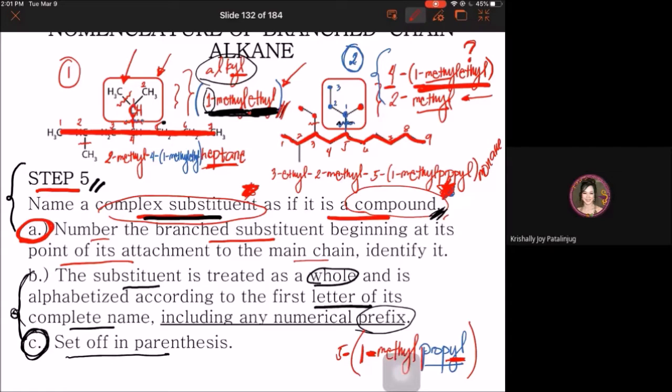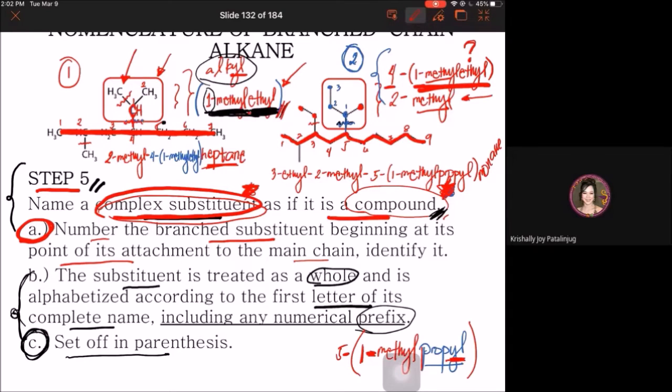Okay, but if you want to use the common names, this is actually the systematic way of naming complex substituents. Pag sinabing systematic way of naming, we follow the steps. Okay, IUPAC systematic way of naming. So nag-follow ta og rules ba nga giset sa IUPAC, okay, which is the standard one.